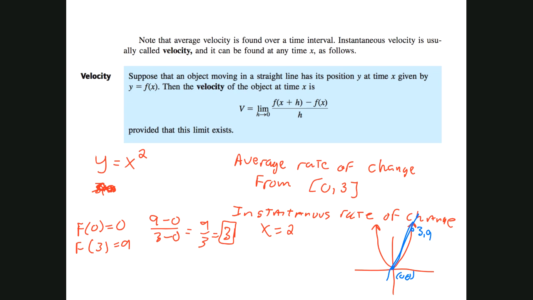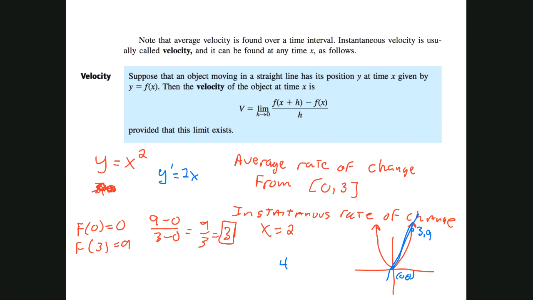And the instantaneous rate of change is when you take the derivative of this, which is 2x. And if I put 2 in there, I do get 4. So the instantaneous rate of change is 4. All right, Henry, any question on average rate of change and instantaneous rate of change?